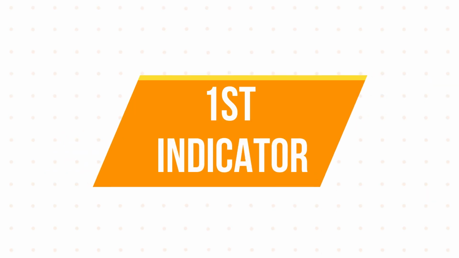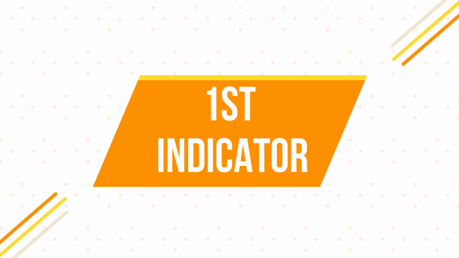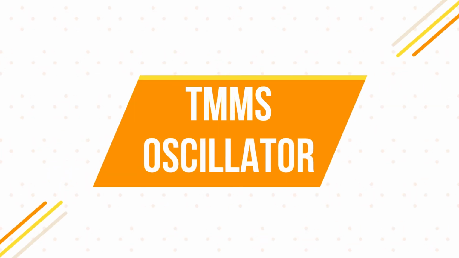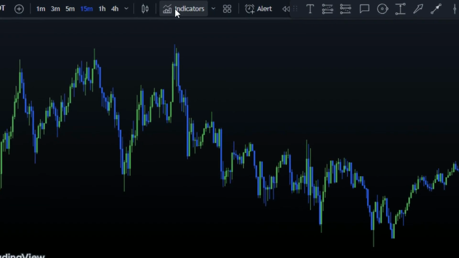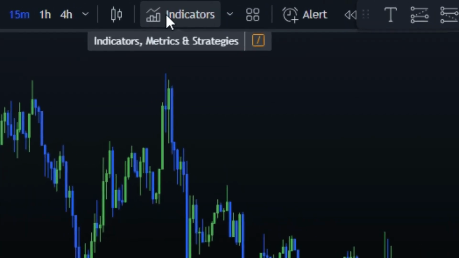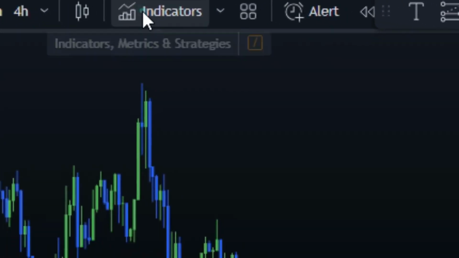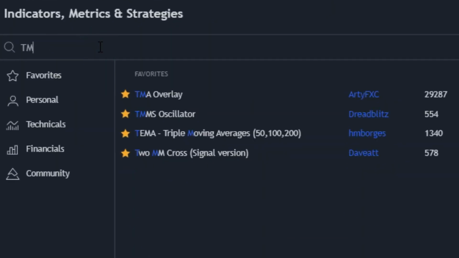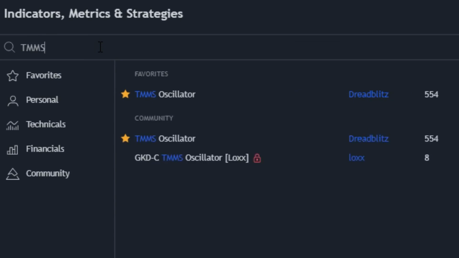Let's focus on the TMMS oscillator, a powerful tool that simplifies trading decisions. To add the TMMS oscillator to your TradingView chart, just follow these 3 steps. Search the TMMS oscillator within the indicators on TradingView. Choose the TMMS oscillator from the search result.